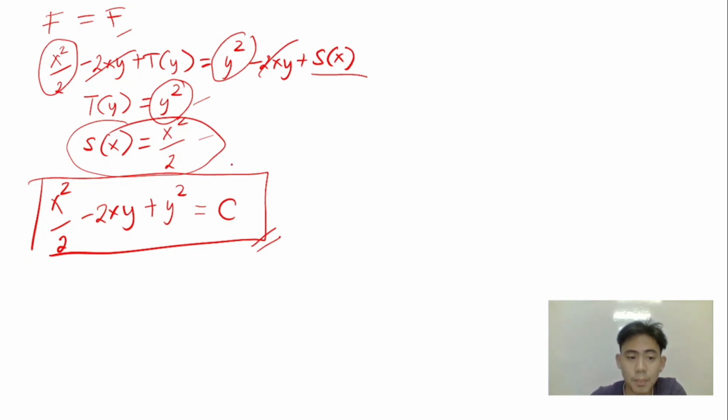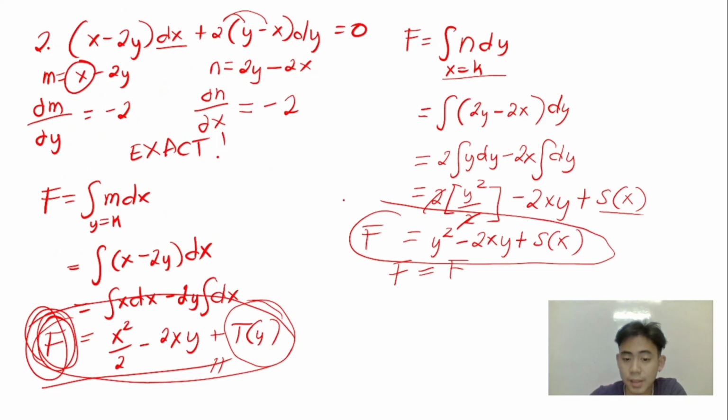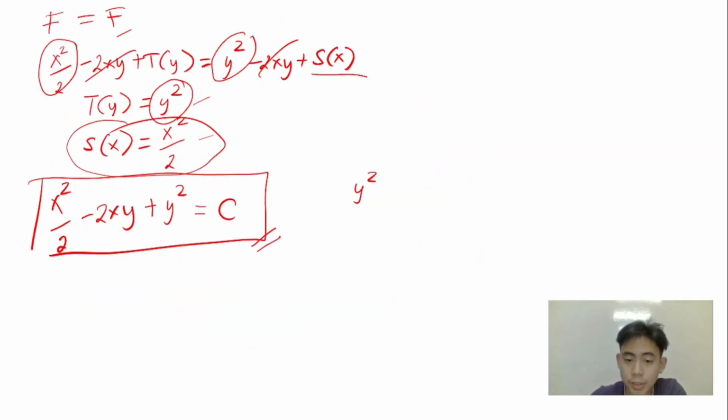Okay? So, ano nga ba ang second f natin na mayroong s of x? So, ang second f natin is ito: y squared minus 2xy plus s of x. Ay, ano nga ba ang s of x natin? Ito, x squared over 2. So, palitan na natin siya: x squared over 2 is equals.